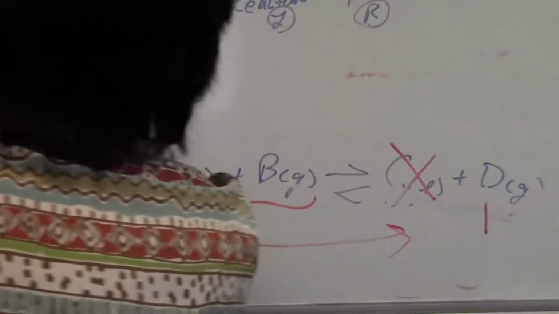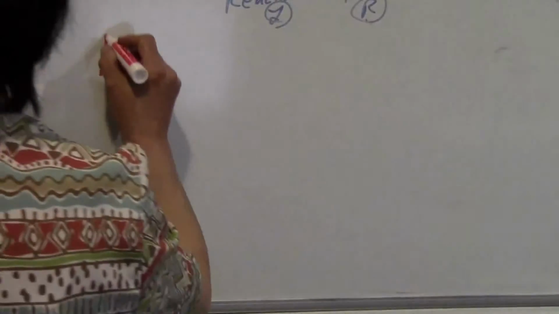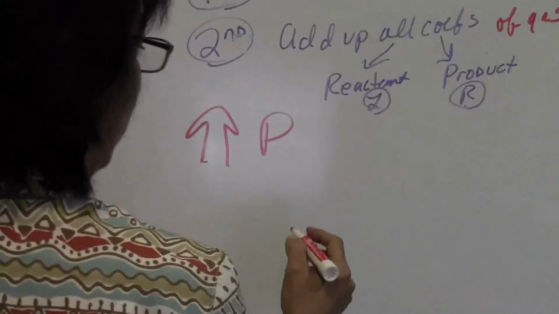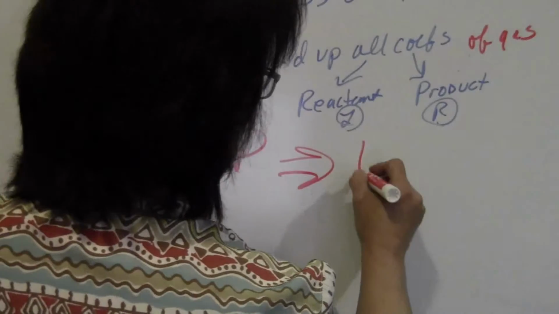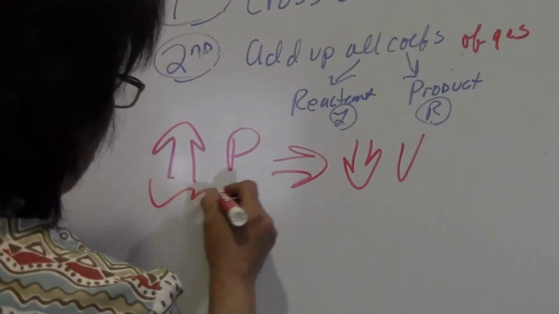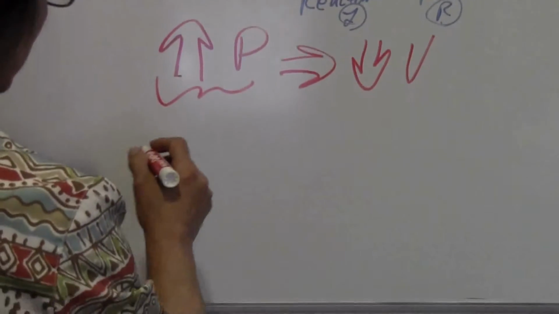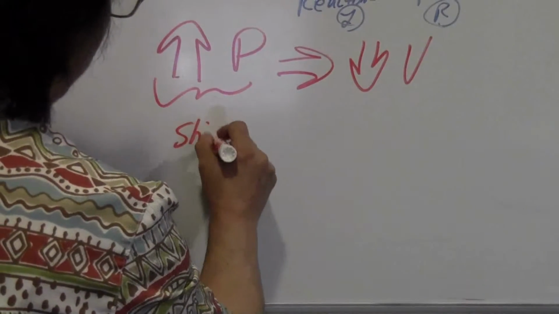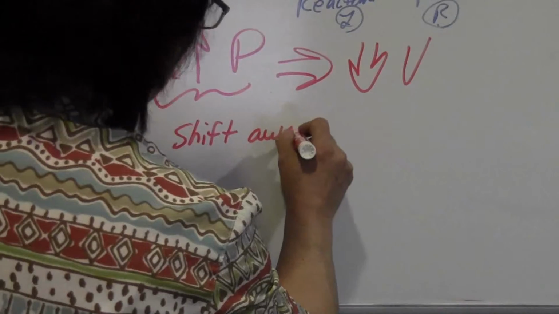You should also know that pressure and volume are very closely related. If you increase the pressure on a reaction, you are decreasing the volume. So if I increase the pressure, I'm going to shift away from the side with more moles of gas.